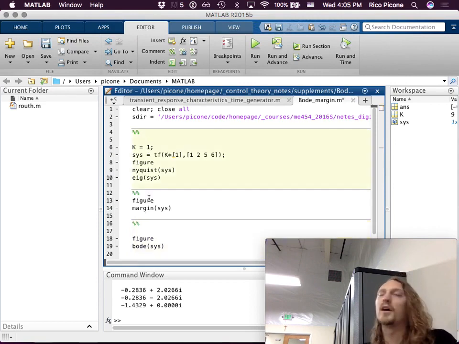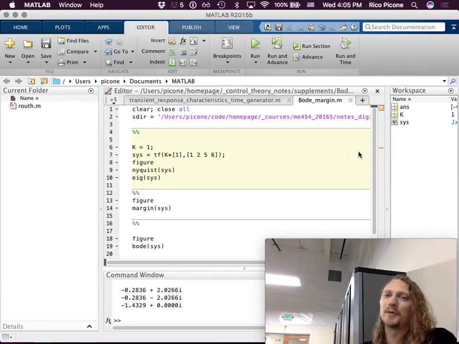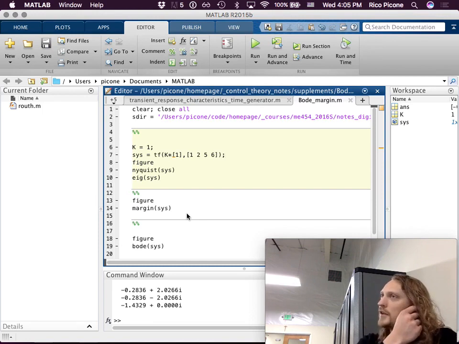Oh, we should set this to gain of 1 while we do all of these calculations. K should be 1, and then we'll be able to see the gain margin and the phase margin properly. If you set the gain to something non-unity, then you end up with a skewed version of gain margin and phase margin. So that's important to remember.